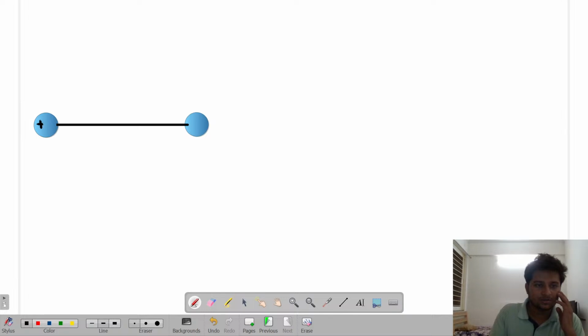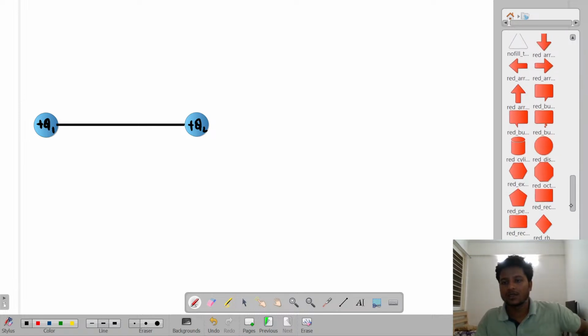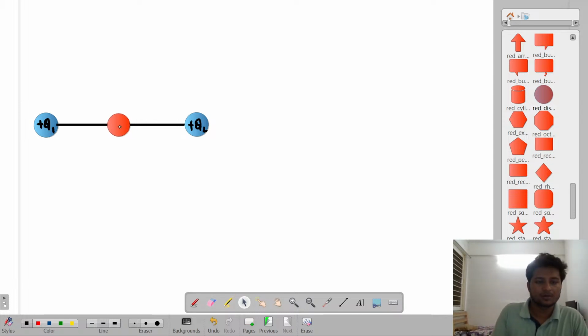This is plus Q1, this is plus Q2, isn't it? But the charge which I placed over here in between them is a negative charge. It is minus Q basically.